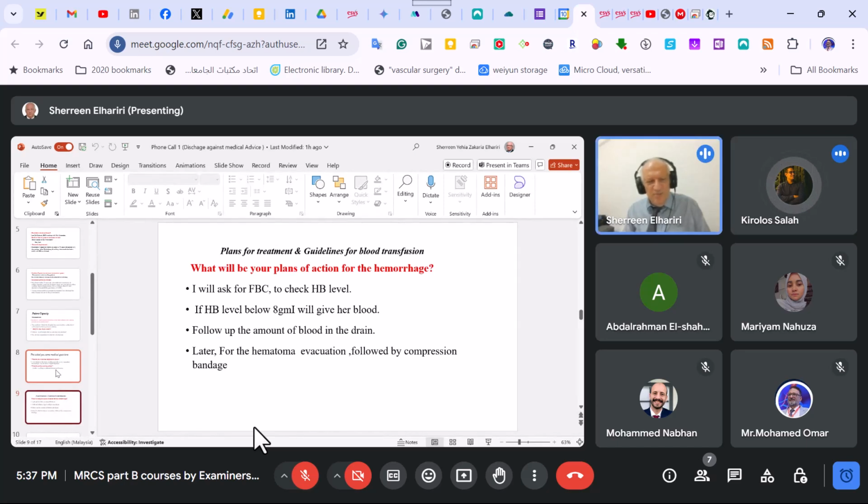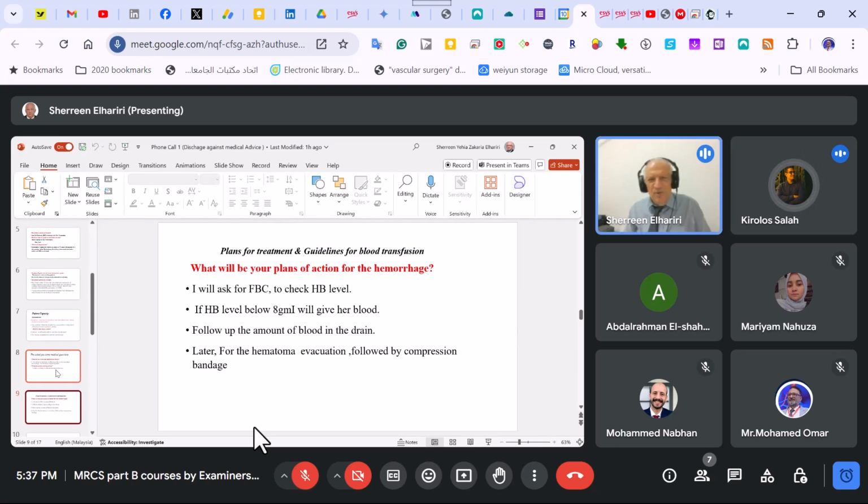What is the indication for blood transfusion in your hospital? If the patient's hemoglobin is less than 8, I will start blood transfusion. First I will give him 1.5 liters of crystalloid. After this, if he is not hemodynamically stable, I will start transfusion.